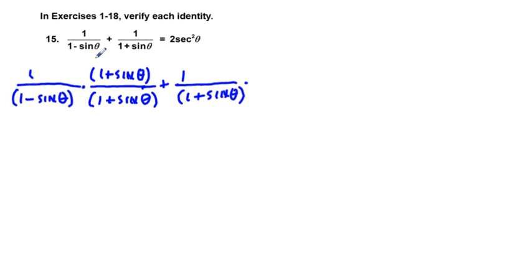Now getting back to the right side here, we're going to multiply by quantity 1 minus sine theta over 1 minus sine theta. Okay, and that should all equal 2 secant squared theta.